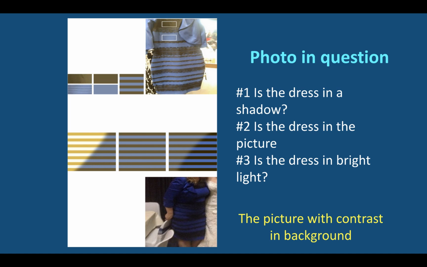And if you look in the bottom picture, you'll see that the dress is up against a white dress and also a black curtain. Therefore, the light is not distorting any of the color, which is showing its true colors, which are in fact black and blue. So this is just one example about how these factors can play a part in our perception.